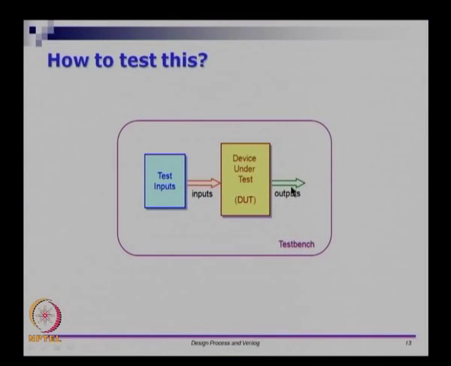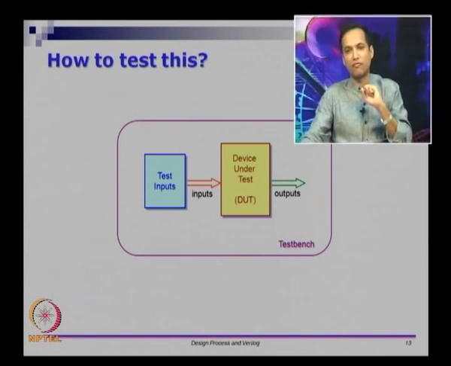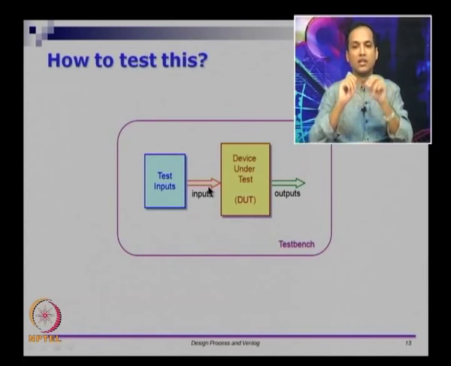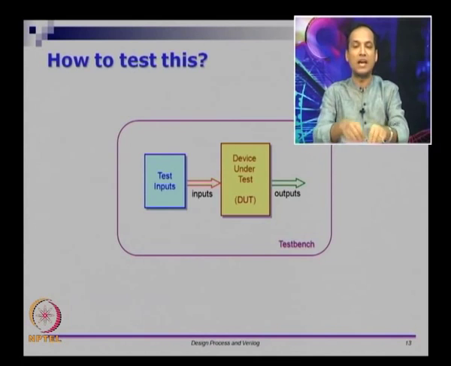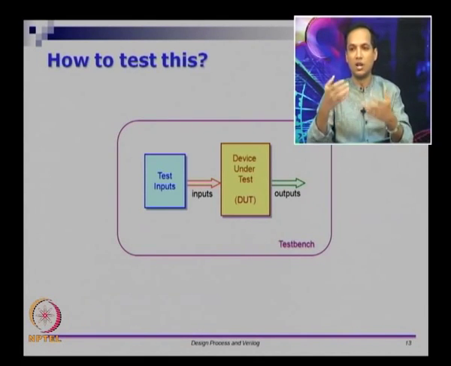So the outputs could be in terms of a file that gets printed or something that is printed on the screen or something you can see like a waveform, and the inputs could be a mechanism by which you can give specific inputs in some order. So in a real circuit you may actually connect switches, a dip switch to connect from 0 to 1 or so on, but if you are going to write Verilog, we need to write the whole thing inside Verilog.